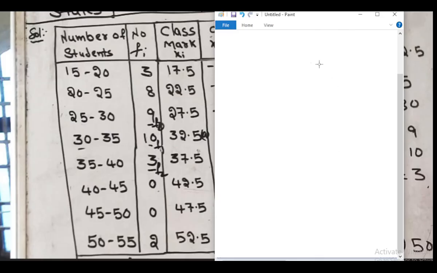So after finding the midpoint of 35 to 40, then 40 to 45 midpoint.